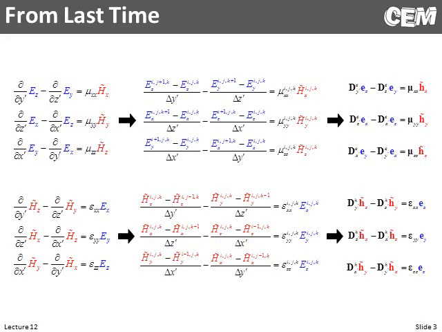So remember what we did last time. We started with Maxwell's equations, we approximated all of the derivatives with finite differences, and we put the fields on something called a Yee grid, which staggered their position. That let us write this center set of very easy finite difference equations. And then if we have 1,000 points in our grid, we're going to write each one of these 6 equations 1,000 times.